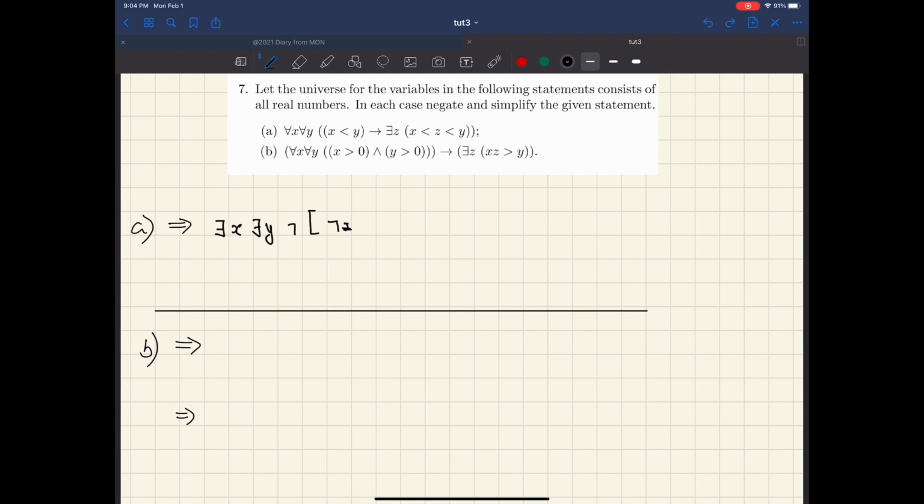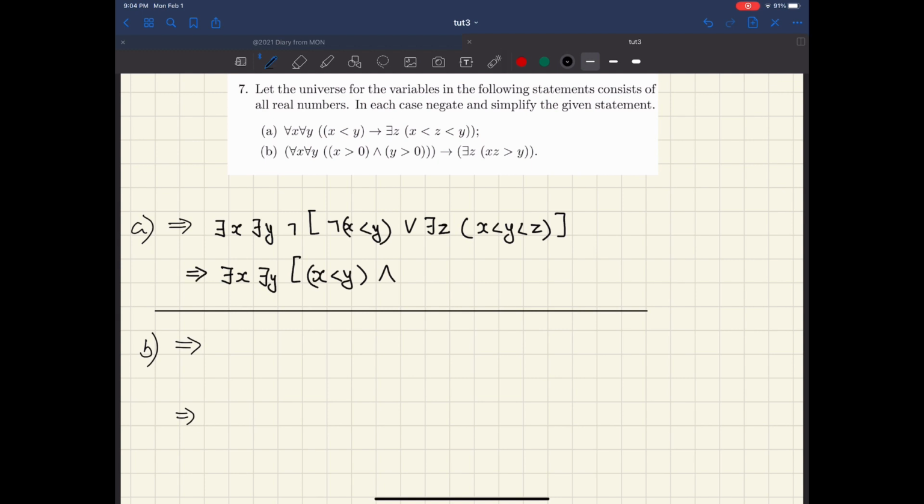So we have for some x, for some y, not. This is the negation that was brought in. In the brackets, we are opening using the definition of implication, which gives me not of x less than y, or for some z, x less than z less than y. Taking this negation inside, these two negations cancel out and give me x less than y.